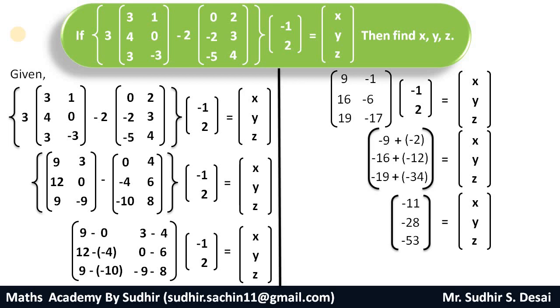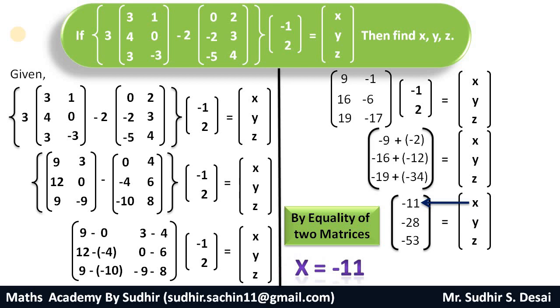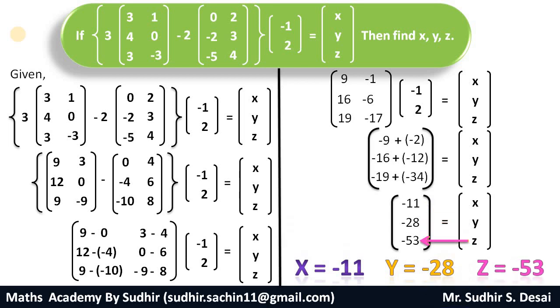The matrix on the left hand side is equal to the matrix on the right hand side. So we will use the condition of equality of two matrices. When two matrices are equal, they are of the same order and corresponding elements are the same. So by using this we get X is equal to minus 11, Y is equal to minus 28, and Z is equal to minus 53.